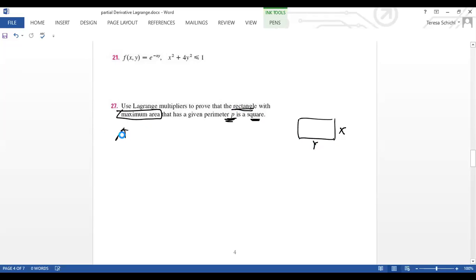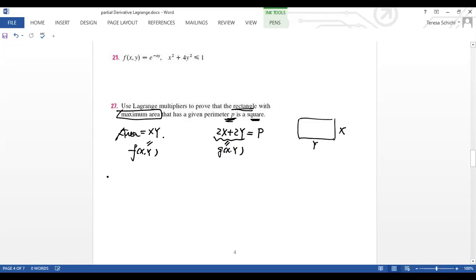I know the area is xy, so the area is equal to f of x, y. What is the constraint? The perimeter is P. That means 2x plus 2y equals P. This will be my g of x, y.